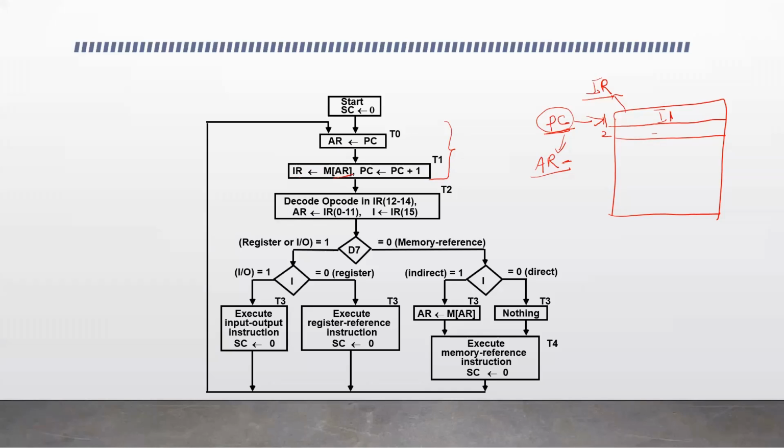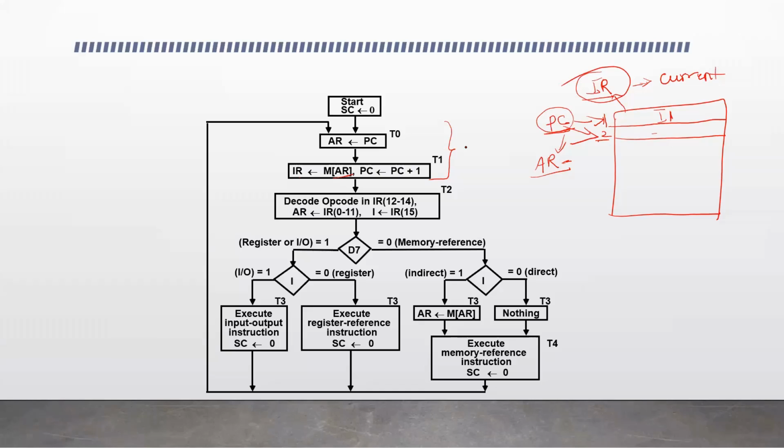Once moved, IR will have the instruction code. Then immediately PC needs to be incremented, because after taking this instruction, it becomes the current instruction, correct? PC needs to point to the next instruction, so PC will be incremented.